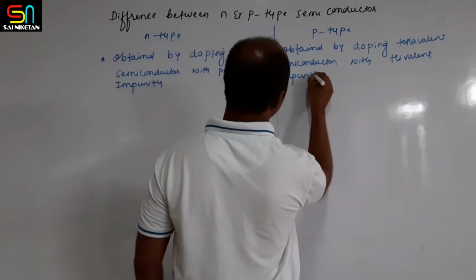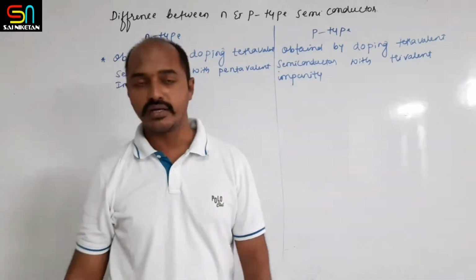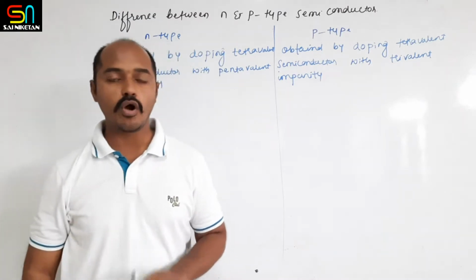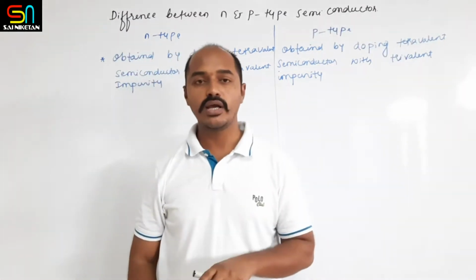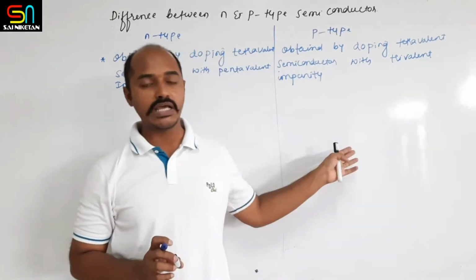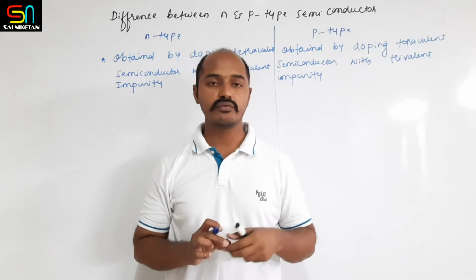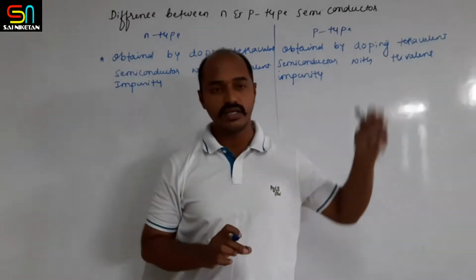So this is the statement, or you can say the definition, of both p-type and n-type. So n-type can be obtained by doping a tetravalent semiconductor with the pentavalent impurity, whereas p-type can be obtained by doping a tetravalent semiconductor with the trivalent impurity.